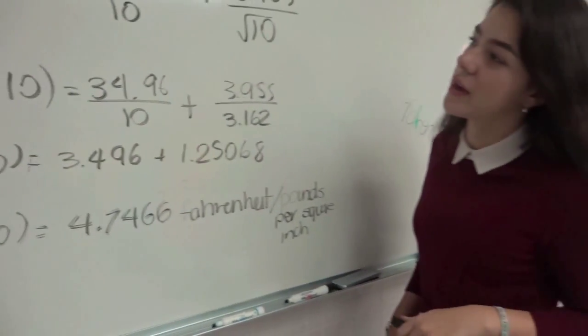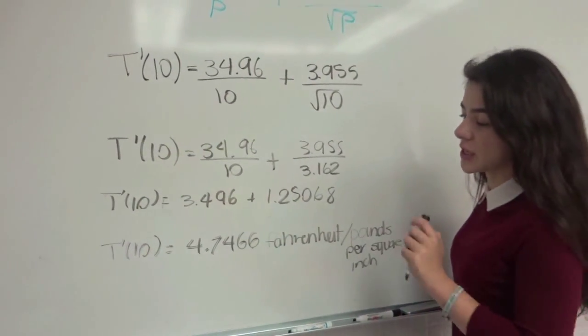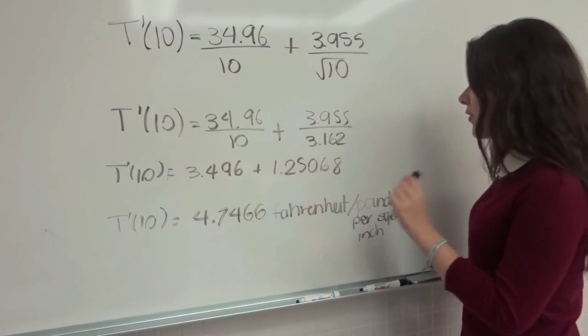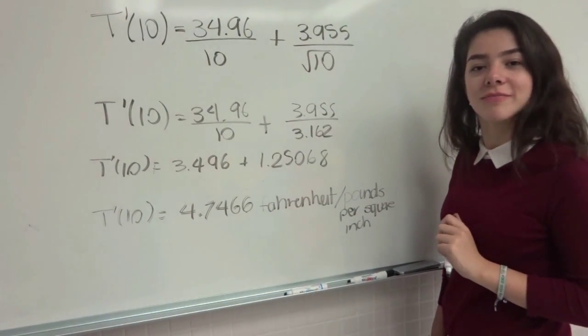So now we know that when our pressure is 10, the rate of change would be 4.7466 Fahrenheit per pounds per square inch.